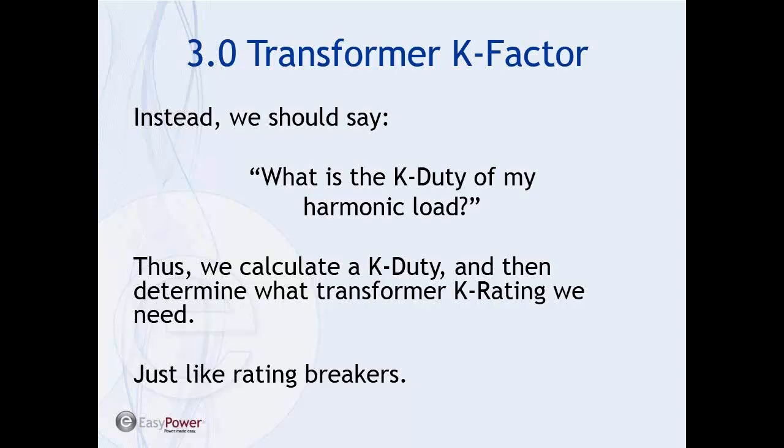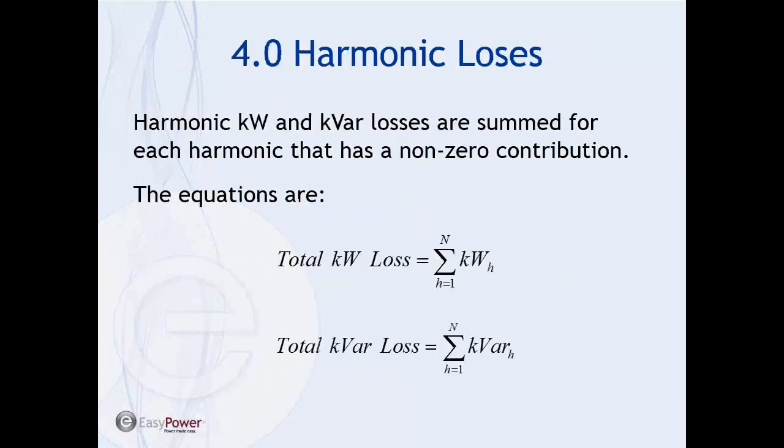Let's look at our harmonic loading and calculate a K duty, what is being produced by the harmonic currents flowing through that transformer and going through the K factor equation. Then we compare that against the K rating we should need. So if we calculate a K duty of 2.38, we know we'd better have a transformer with a K rating that's higher than 2.38.